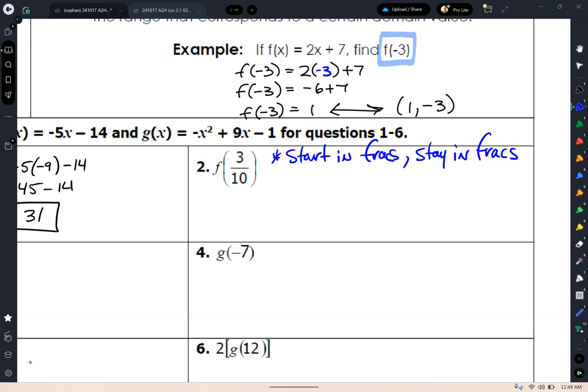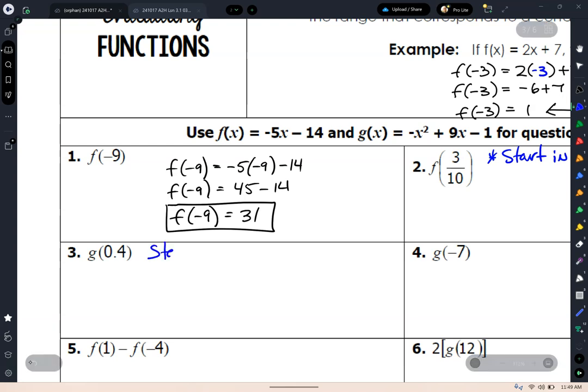We're not against fracking here in math class. We don't discriminate. Fractions and decimals are numbers too. If you start in decimals, stay in decimals. We would learn that in like 8th grade. Okay, you got it?